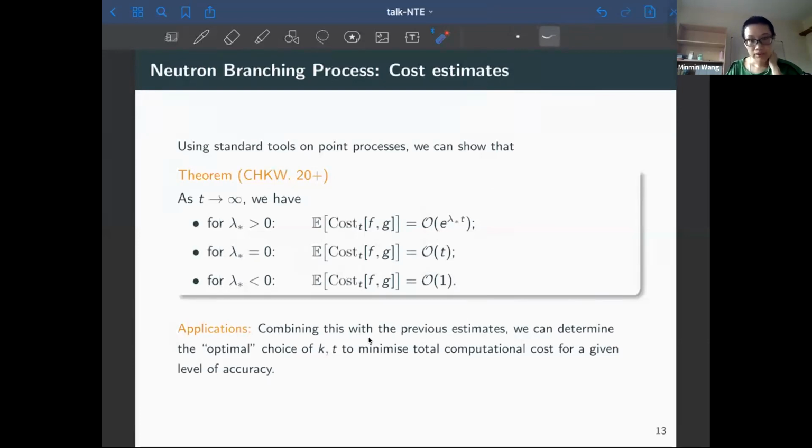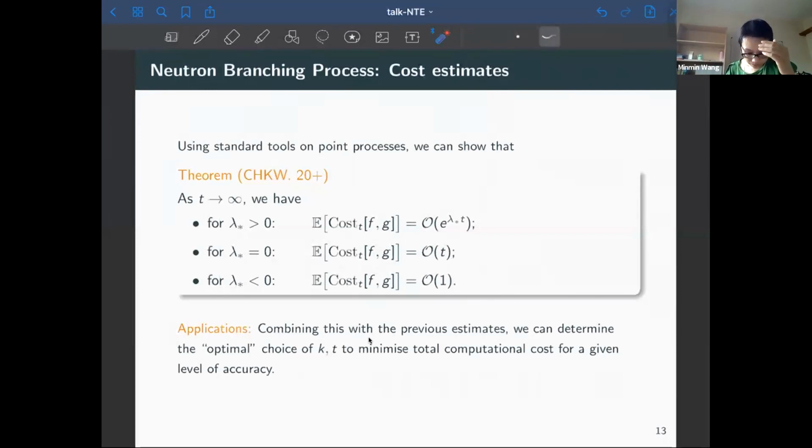For example, looking at their expectations, it turns out the expectations grow at different rates depending on the criticality of the system. Here the supercritical system has the largest cost, which is again reasonable.